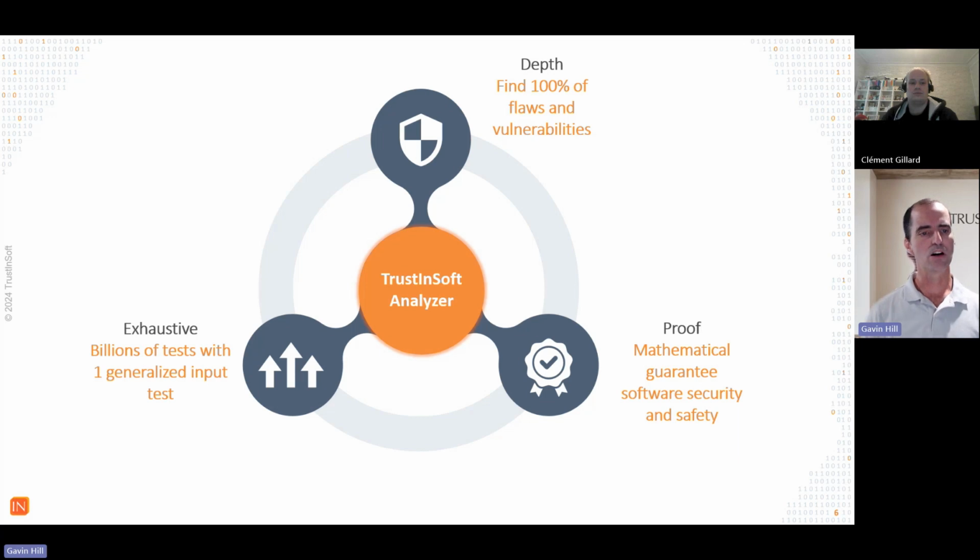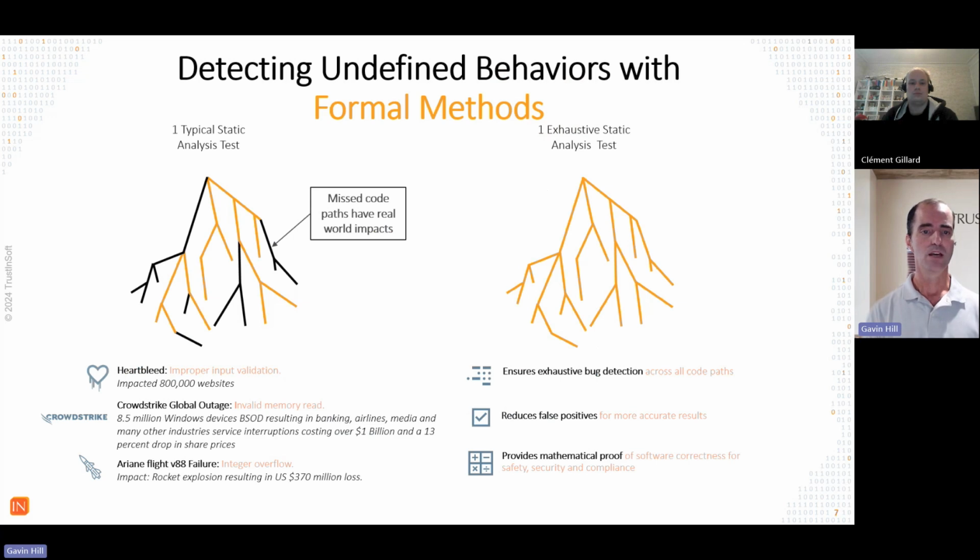The other benefit of utilizing formal methods, and specifically the TrustInSoft analyzer, is that with some generalized inputs, we can test billions of inputs within a particular piece of code or code base. That saves extensive unit test creation and testing, and ultimately results in that mathematical proof around the testing.